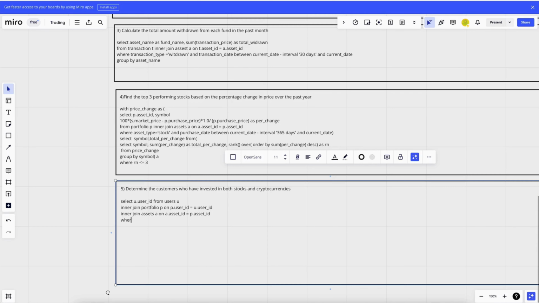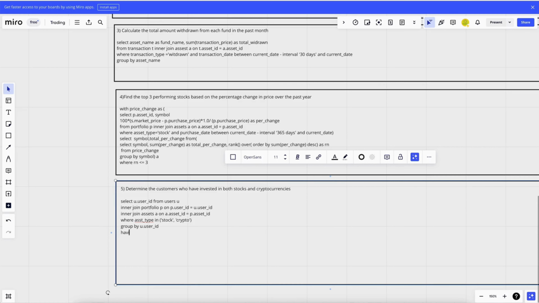And the condition we need to check here is where asset type in two asset types. They asked for stock and crypto. And do a group by on user ID.